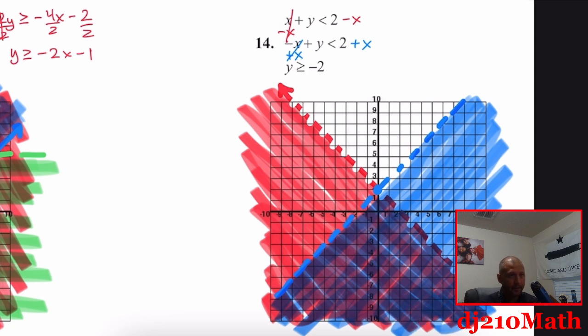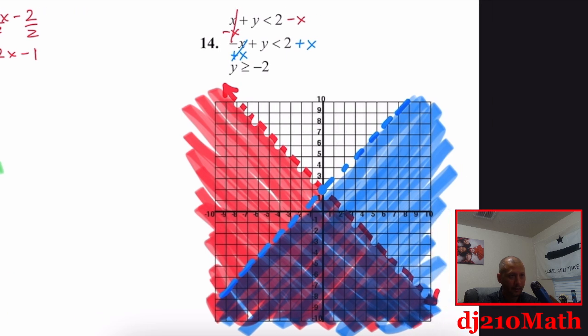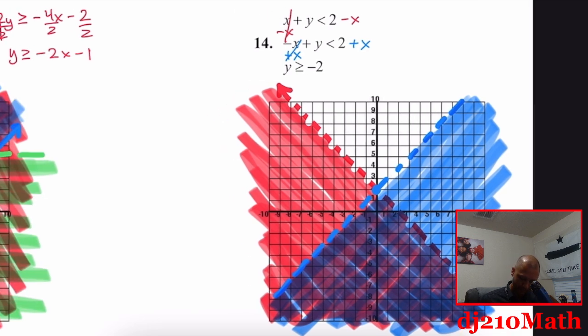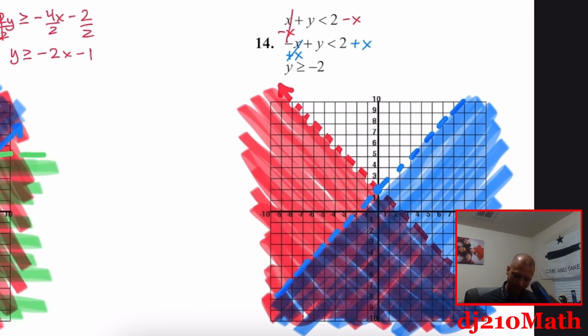Okay, there it is. And then finally, the third line, y greater than or equal to negative 2. This is a solid line, and we're going to shade above negative 2. So y equals, horizontal line, solid through negative 2. And we shade above.